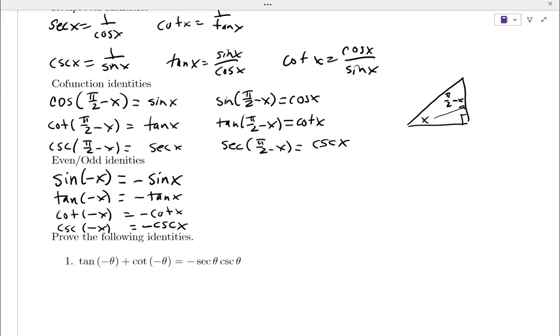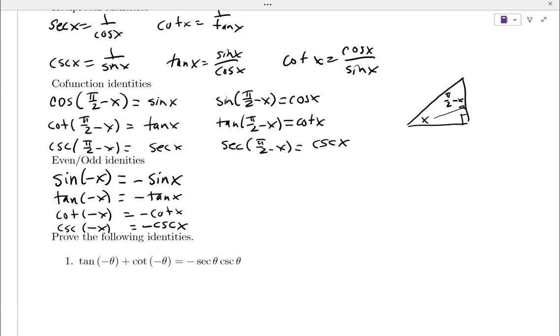Odd graphically means if you rotate it 180 degrees, it looks exactly the same. I know it looks like what's going on, but that's not what's going on. Remember, this is not multiplication, this is a function. This is the input of a function.